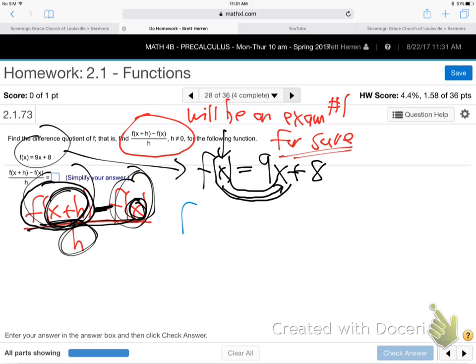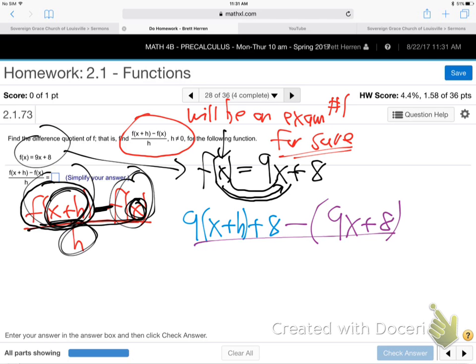So first off, let me just do it in blue. What is the x plus h? I'm going to put x plus h into that machine, minus, now I'm going to put just x into that machine. I'm going to divide the whole thing by h.